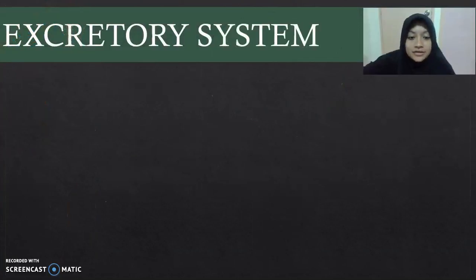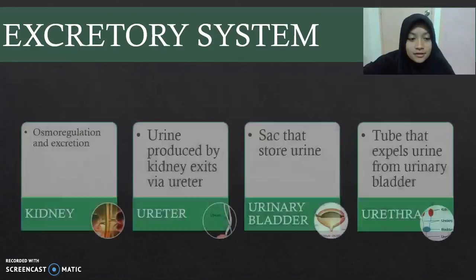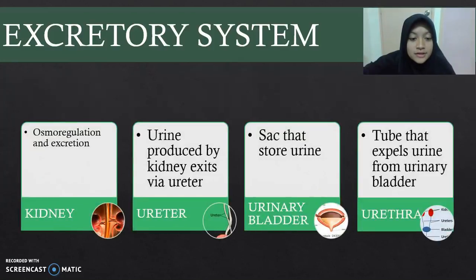So the excretory system involves four major organs. They are the kidney, the ureter, the urinary bladder, and the urethra. The kidney is the bean-shaped organ that is involved in osmoregulation and excretion.